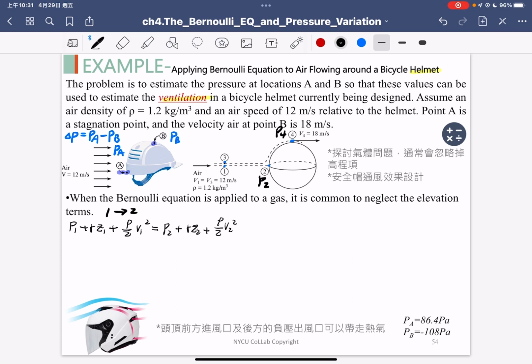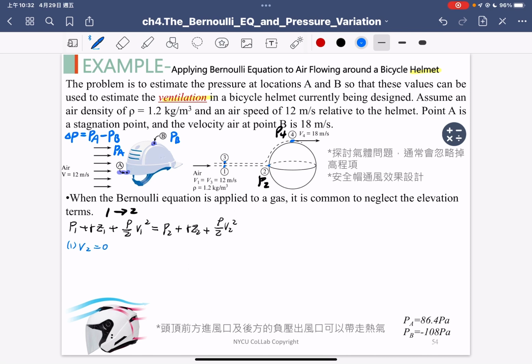And as I always emphasize, point 2 is a stagnation point. Stagnation point, 停滞点. Okay, because point 2 is a stagnation point, we don't have the V2, right? So we don't have the velocity at point 2.